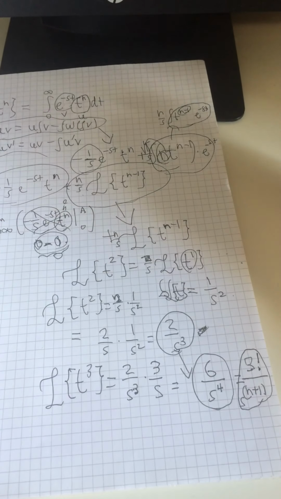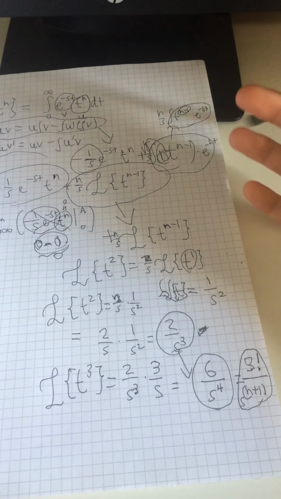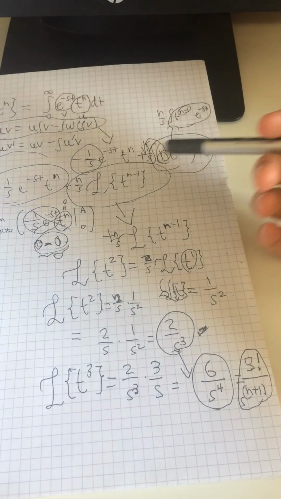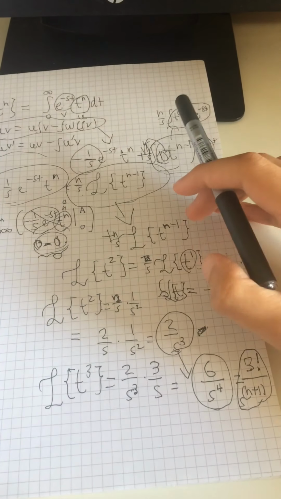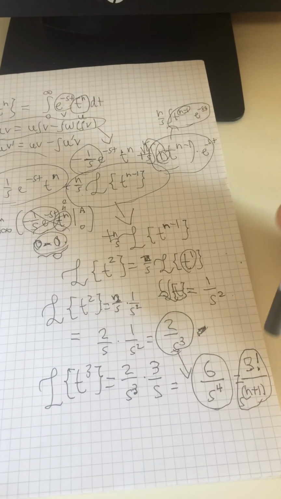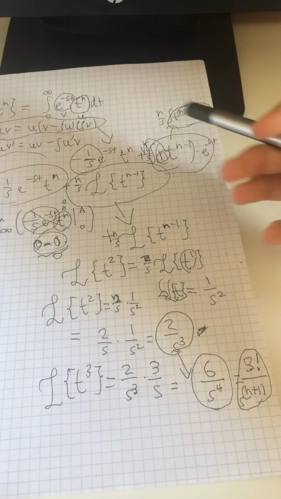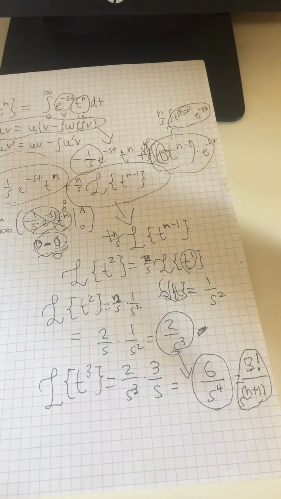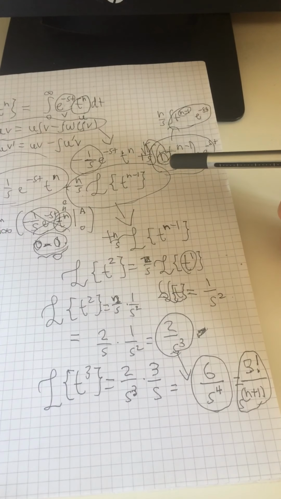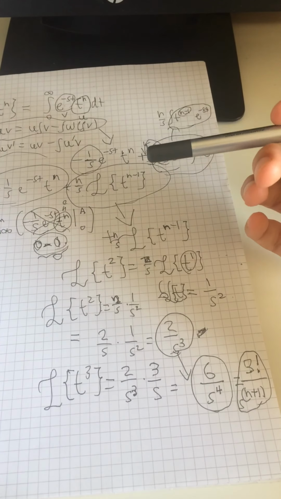You can use this to work out pretty much any polynomial, because we're going to show that the Laplace transform is linear, so using this property you can take any polynomial and solve it step by step, and then get a result like this, which is very useful. It will also become useful in inverse Laplace transforms.